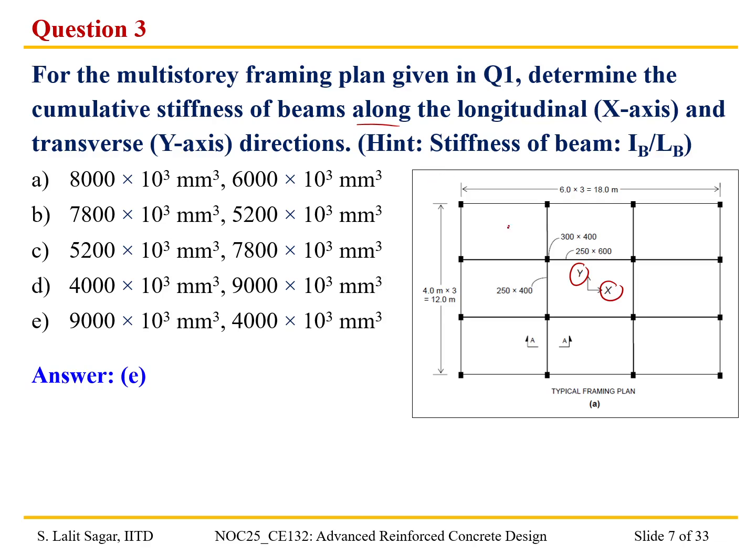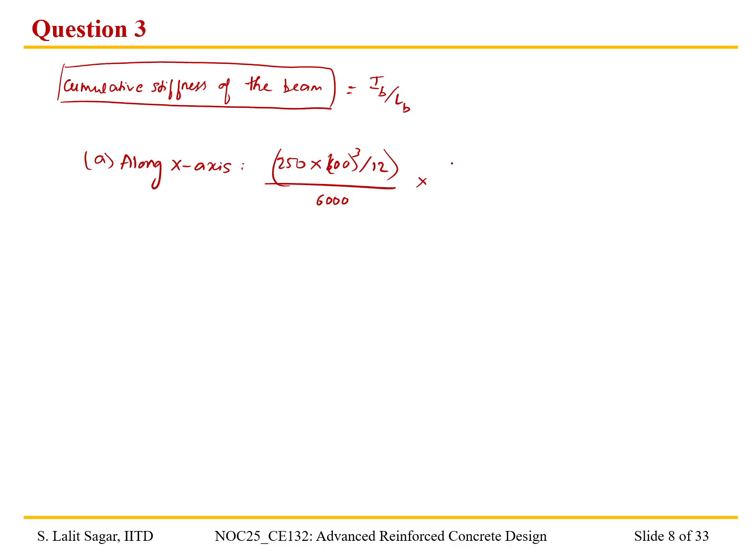So how many beams do we have along the x direction? 1, 2, 3, 1, 2, 3, 4. So there is 3 into 4, that is 12, multiplied by 12, and that gives me a value of how much? 9,000 into 10 to the power 3 millimeter cube.